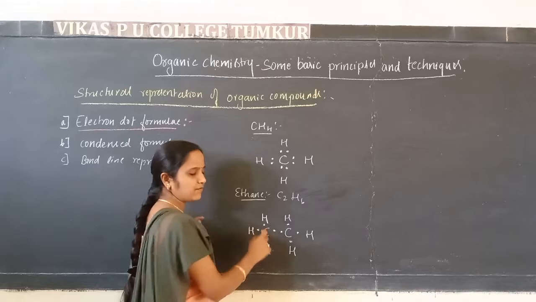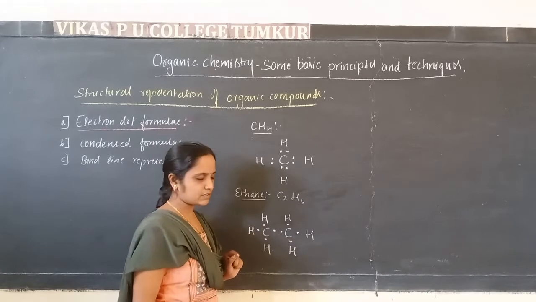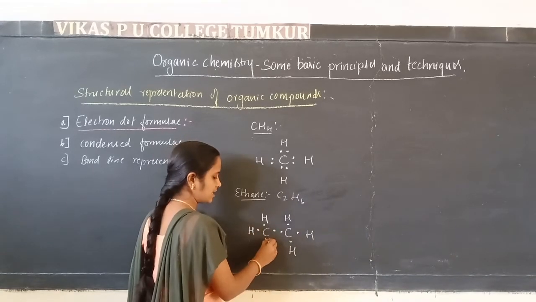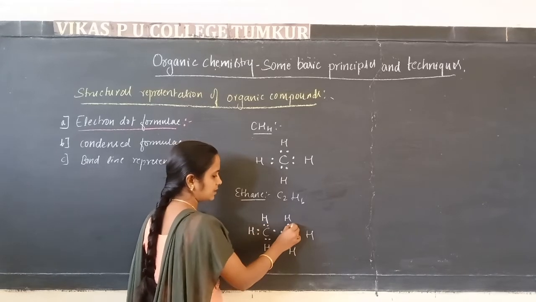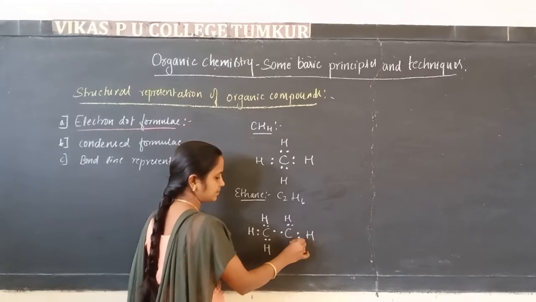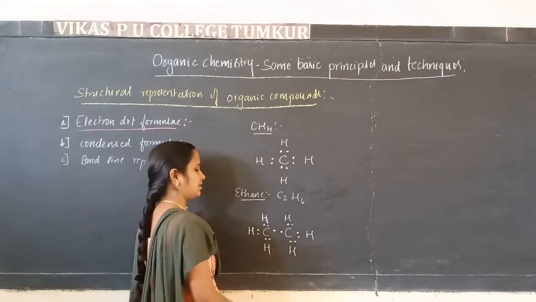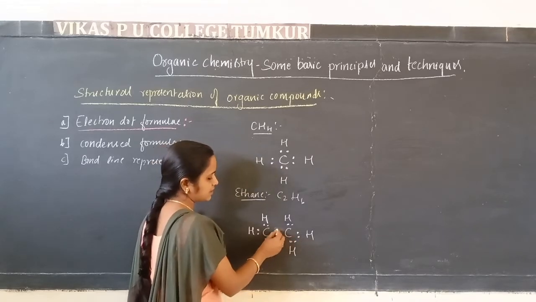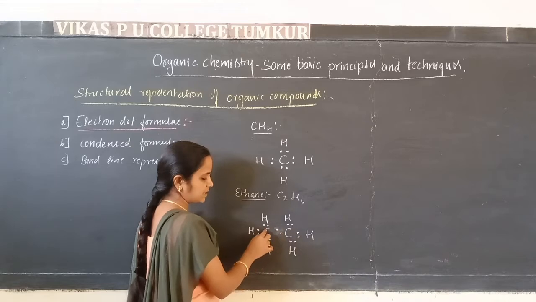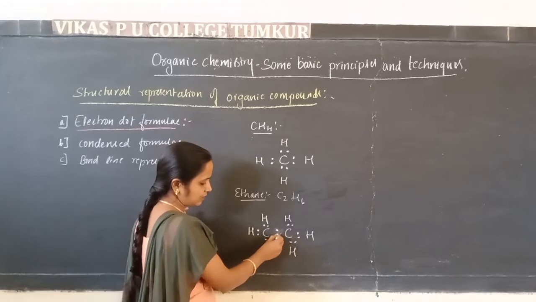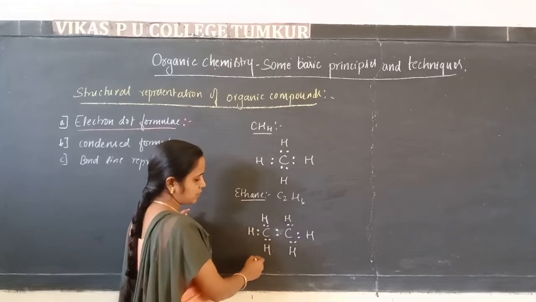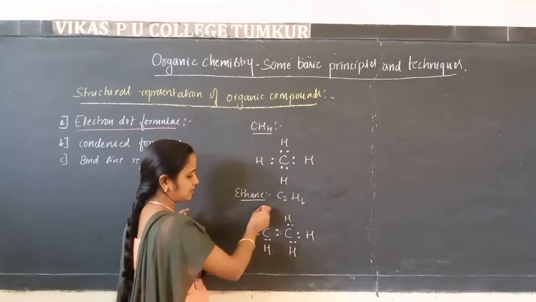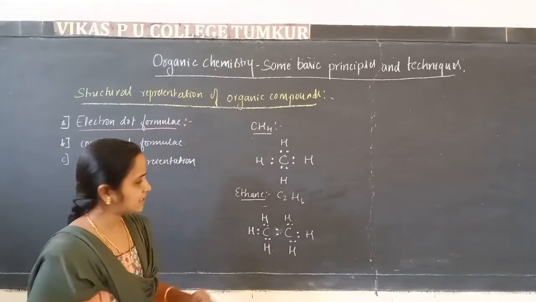Each hydrogen has 1 valence electron. One electron from this carbon and another electron from this carbon are shared, and this represents the electron dot formula for ethane.